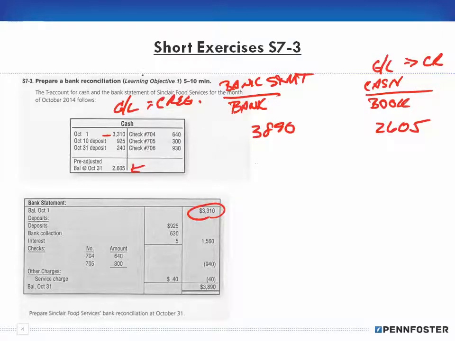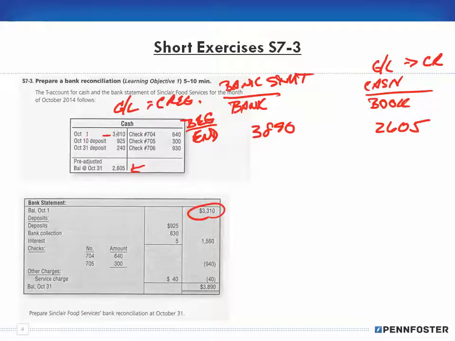I wrote beginning here, but really this is the ending balance on our bank statement and the ending balance on our check register. I called it the beginning because I treat it as the beginning of the reconciliation, but really it's the ending balance on the two statements. Just to clarify that.